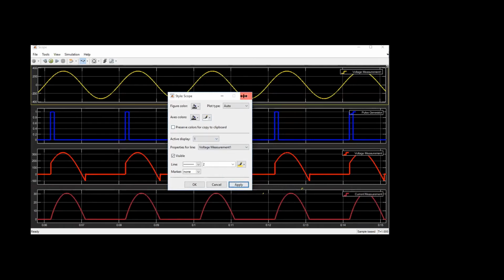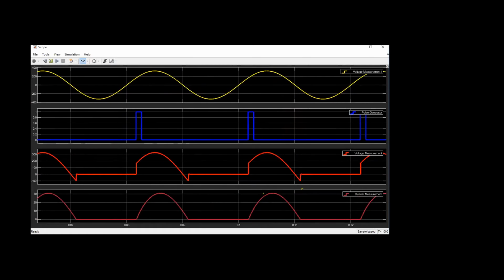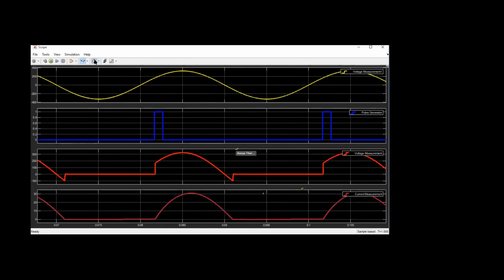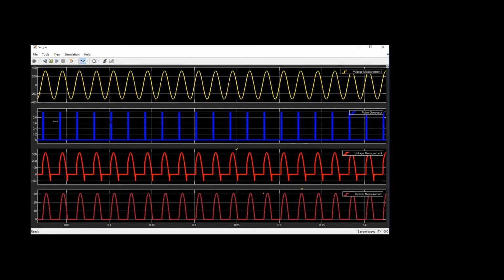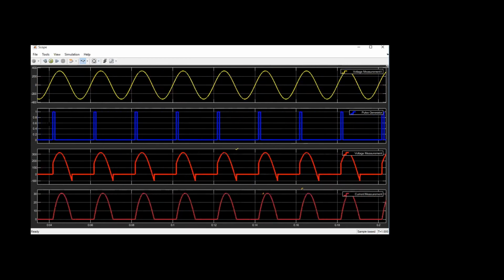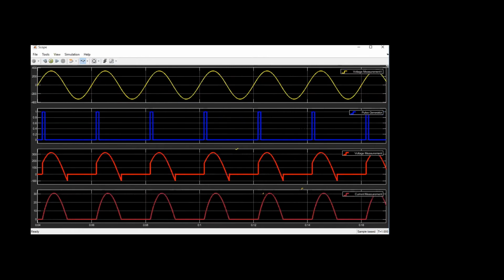Okay. Now, even inversion of colors can be done. If you enlarge it, you can clearly visualize the graphs.